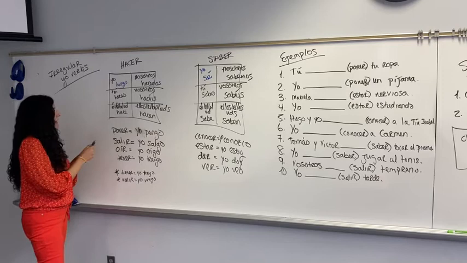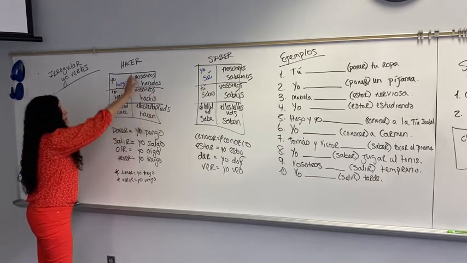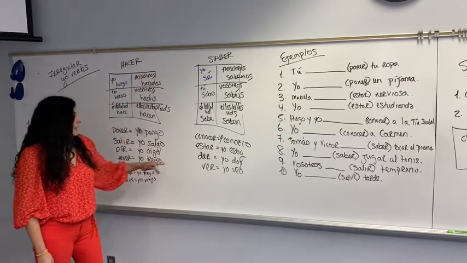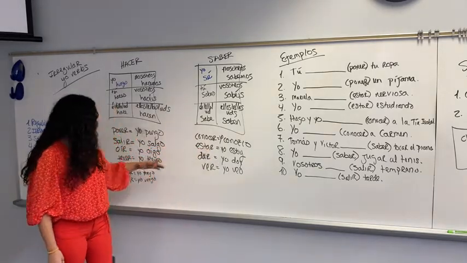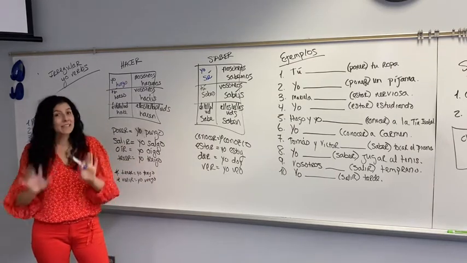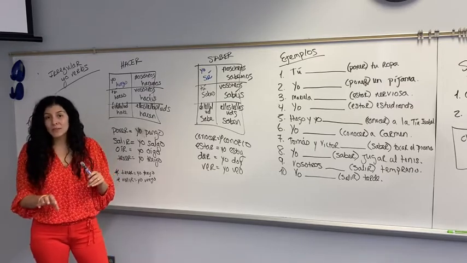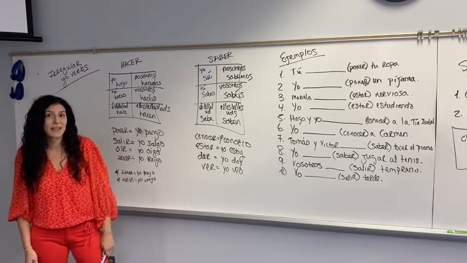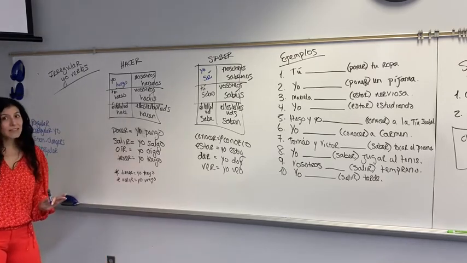So we're still going to have ES, E, EMOS, EIS, EN, because we have an ER verb. We're still going to have AR endings if we have an AR verb. We're still going to have IR endings here, like with salir, if we have an IR verb. That's not going to change, right? We still have to make sure that we're going to match up whatever infinitive we took off with whatever set of verb endings that indicate that we're in the present tense and indicate who is the subject of the sentence. So that's not going to change.